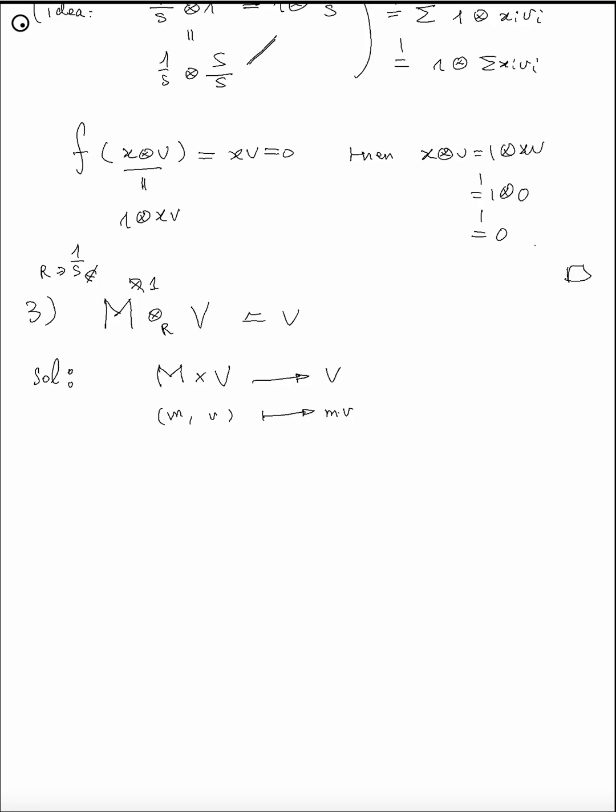Again, the same idea, the multiplication is bilinear, so this is the map. Let's call it F. All right, and so let's check if it's surjective and injective.